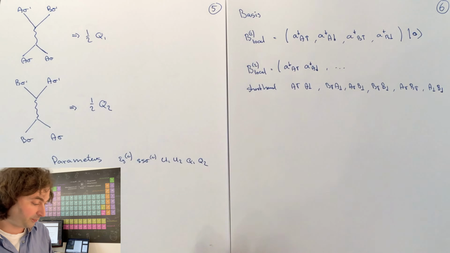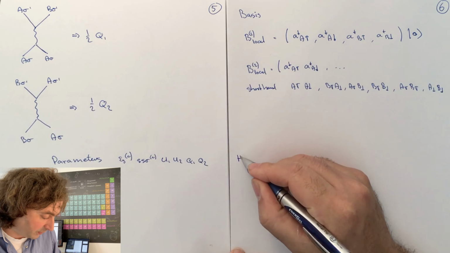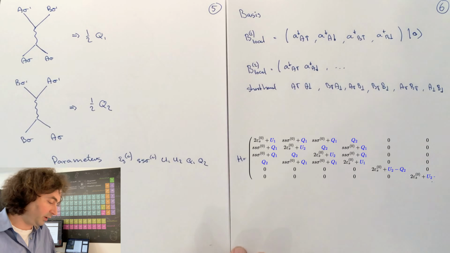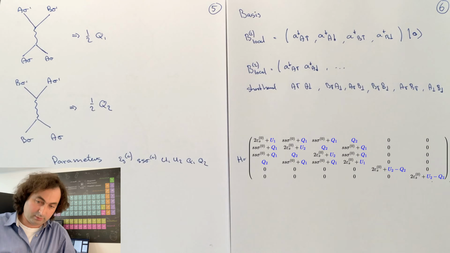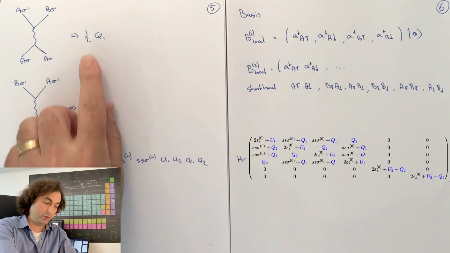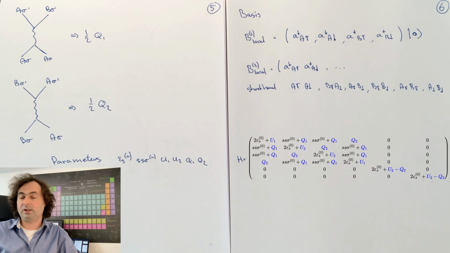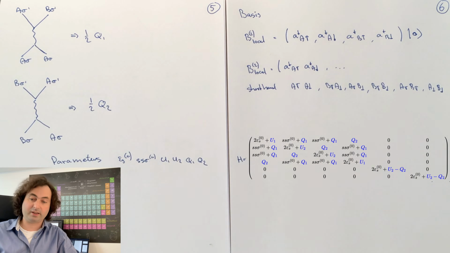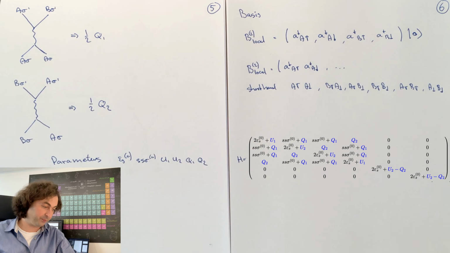So the Hamiltonian on this basis is given here, and we see that indeed what we argued before already, the hopping between the 1 electron states will get modified because of the process with Q1. So you see that everywhere where you have a hopping term as a sigma, there is actually a hopping as a sigma 0 plus Q1, such that it would make sense to redefine some of our parameters.